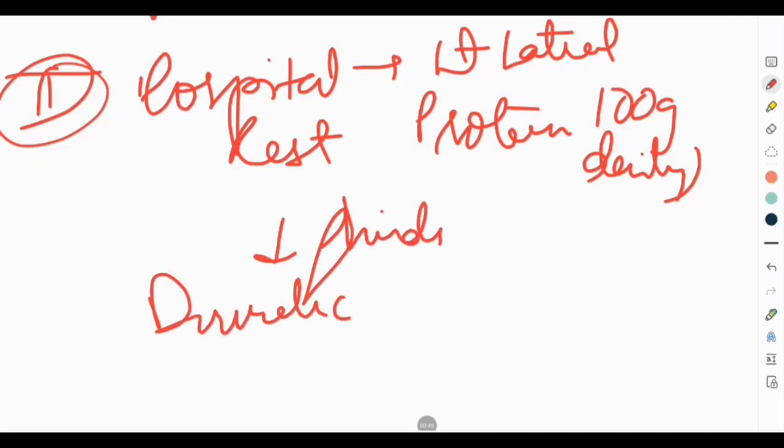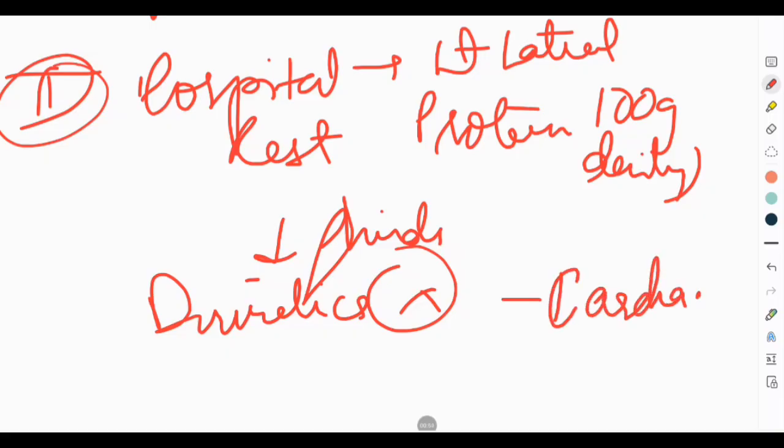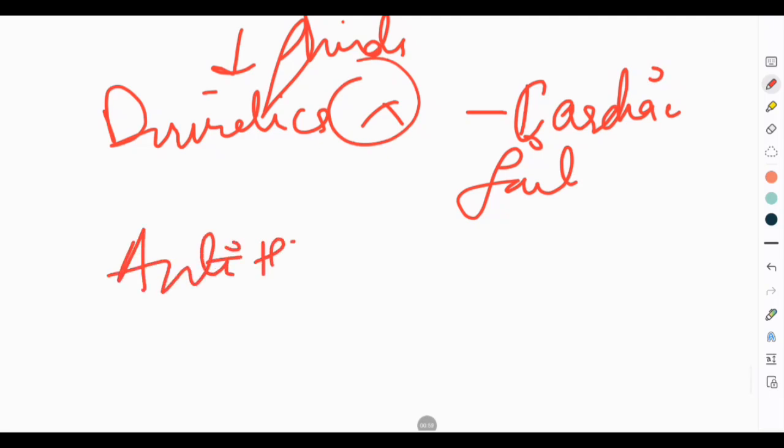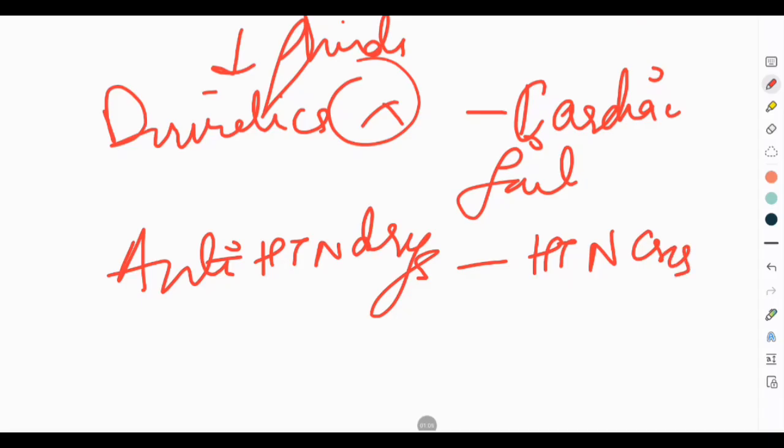Diuretics, no, but they are used in cardiac failure. Antihypertensive drugs are used, and in hypertensive crisis also they are used if BP is more than 160 by 110.